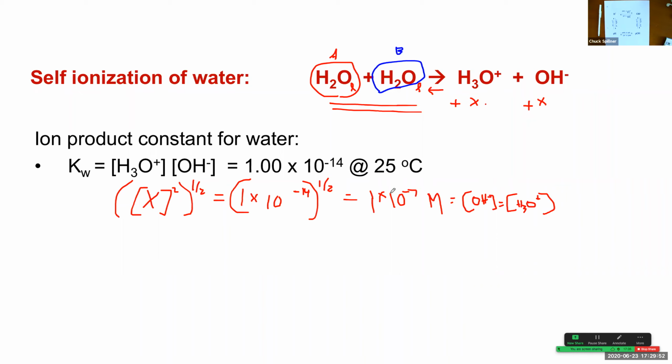I'll come back to that. I think I have a summary table for these terms. Hydroxide ion greater than 1 times 10 to the minus 7th molar means it's basic. If the concentrations of hydronium ion and hydroxide ion are both 1 times 10 to the minus 7th molar, that's said to be neutral.